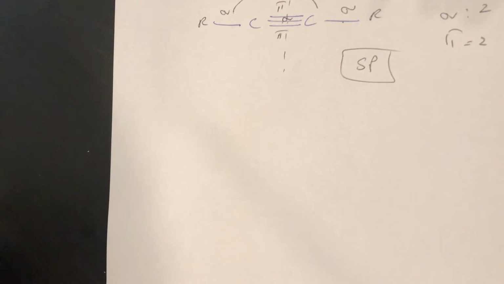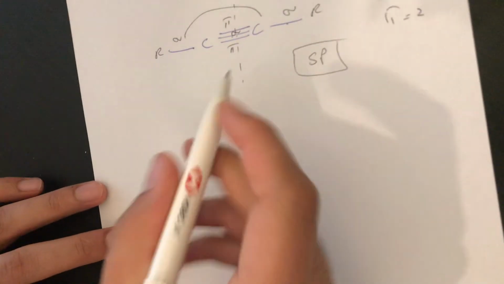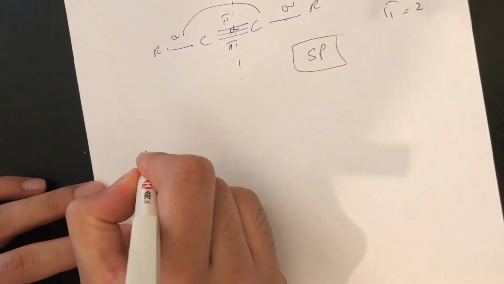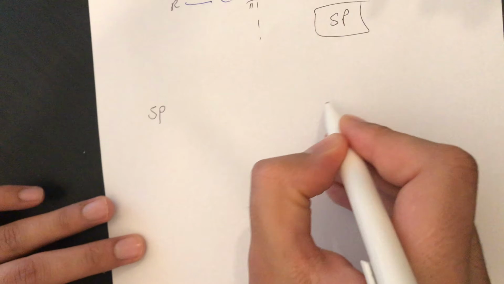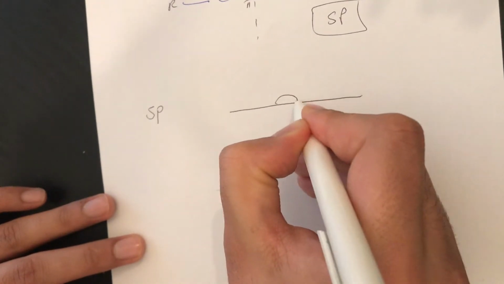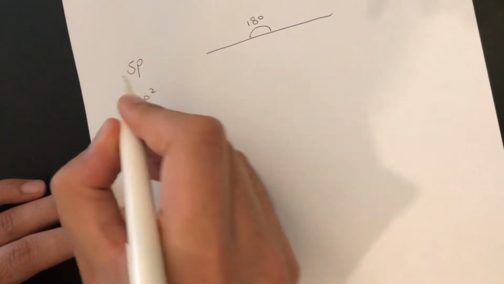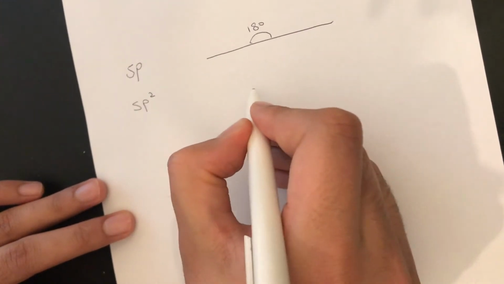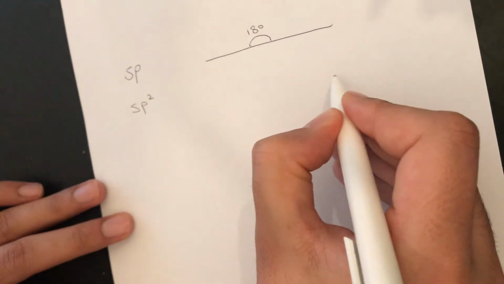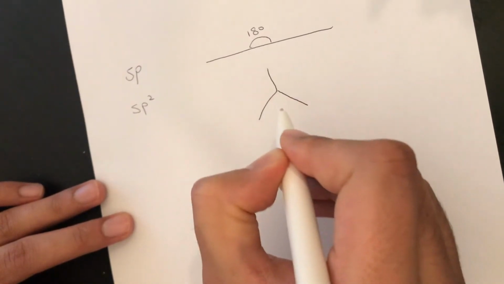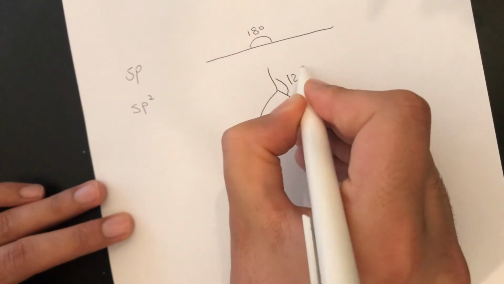To give you some idea again, this is really going to help you to understand this. Whenever you have sp, you must know on top of your head that it is going to be a linear shape, 180 degrees. Whenever you have sp2, that is going to be trigonal planar, which is 120 degrees.